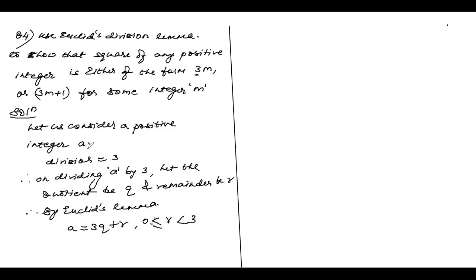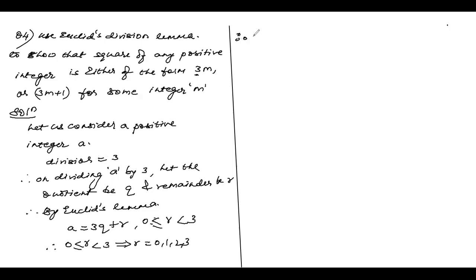Now, listen, try to understand. R greater than or equal to 0 and less than 3 implies r is equal to 0, 1, 2.